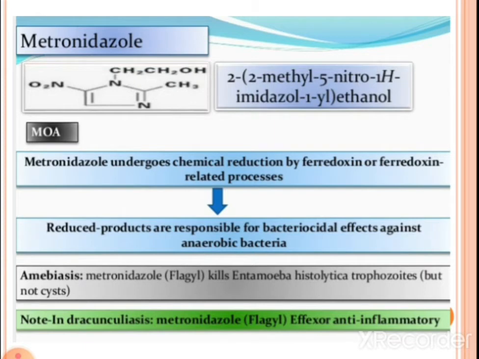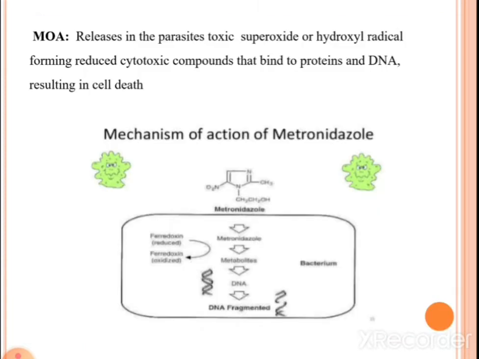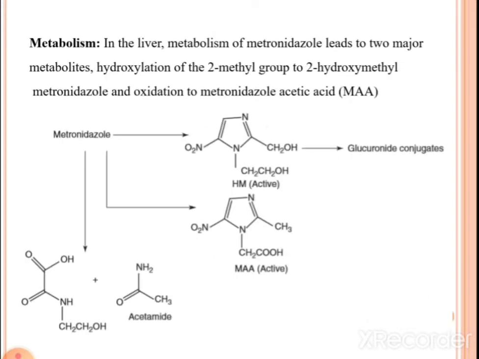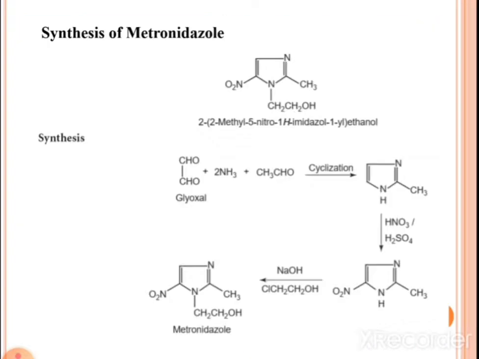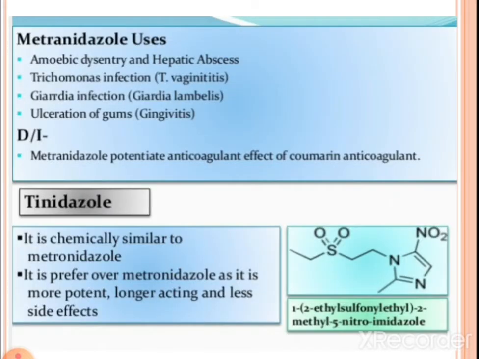We saw the basics of metronidazole, its mode of action, the chemical conversion of metronidazole which leads to the anti-amoebic activity, and its metabolism. Further, we saw the side effects, uses, and lastly the synthesis of metronidazole. Further, we will continue with this class of nitroimidazole, the anti-amoebic drugs.